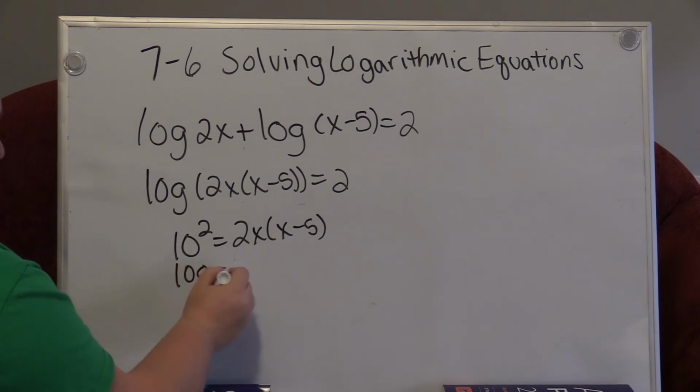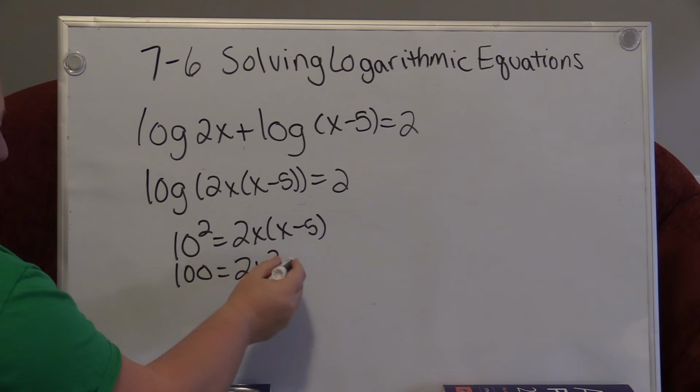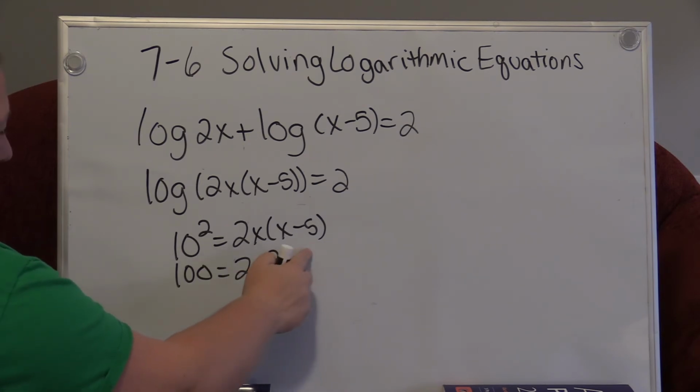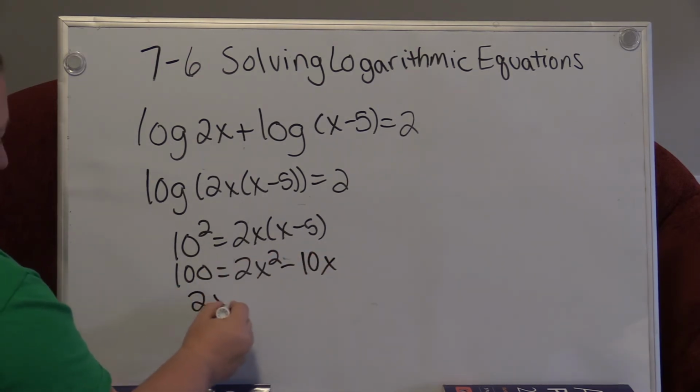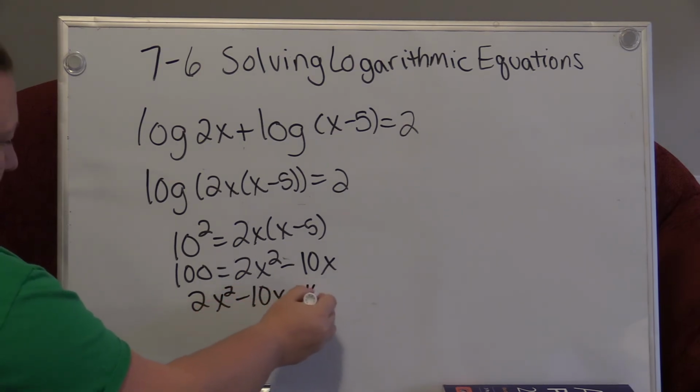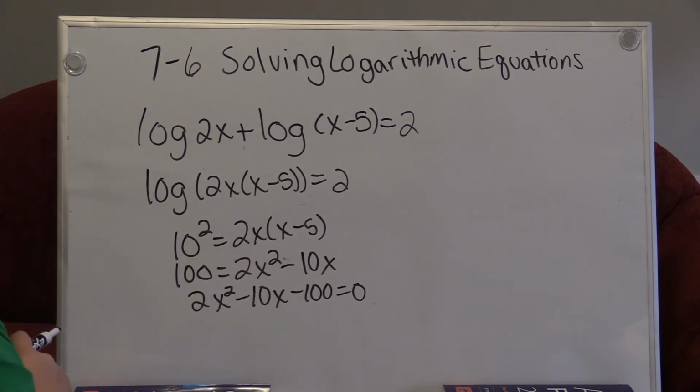100 equals 2x squared minus 10x. So I have 2x squared minus 10x minus 100 equals 0.